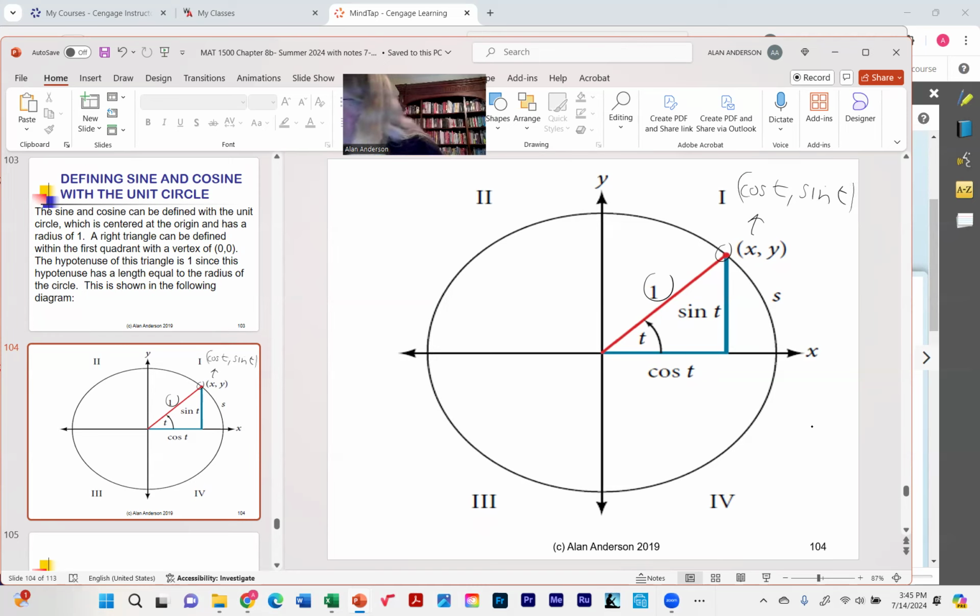Okay, so remember the sine is opposite over hypotenuse. And so from the perspective of t, the opposite is here, and the h is here. And since h is 1, then the sine is just equal to the opposite side, or the height of this segment, which touches the curve at point y, which means that is our sine.